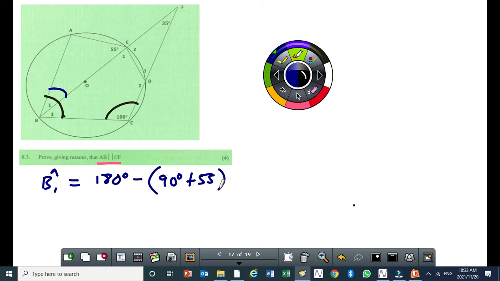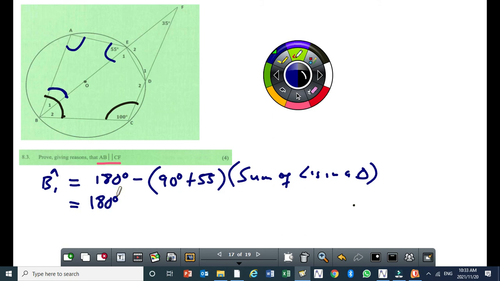If you look at triangle ABE, if I take this angle plus the 90, I'll get what? B1. You follow that? So this will be the sum of angles in a triangle. Then this will give me 180 minus 145, and that will give me 35.